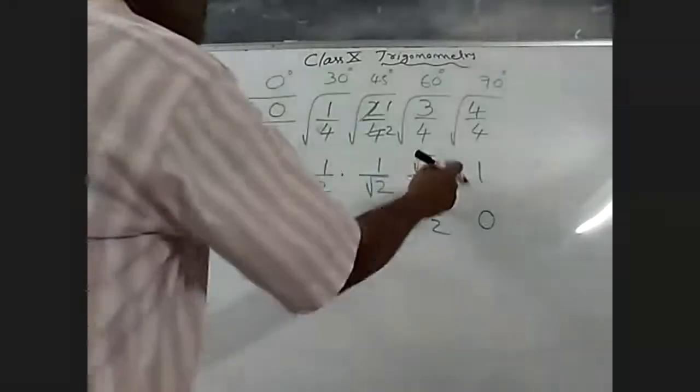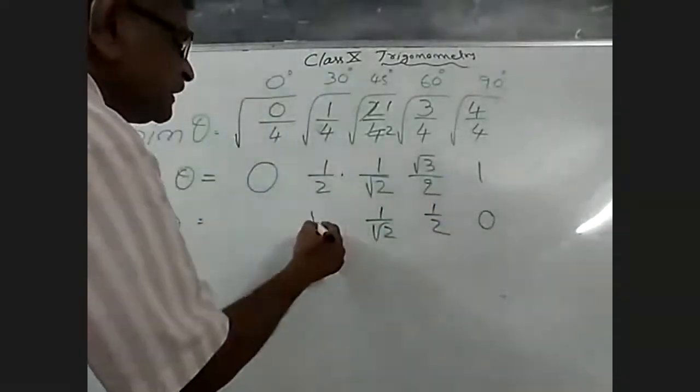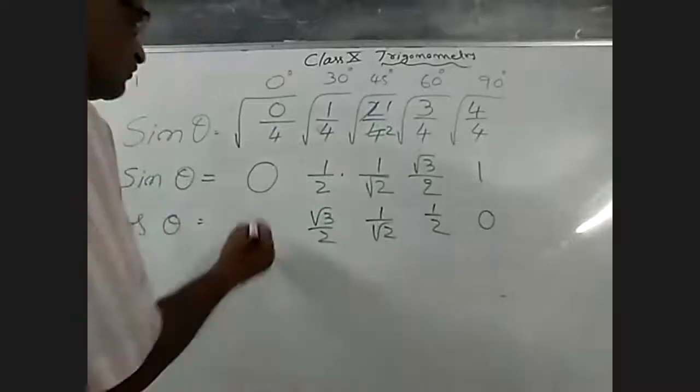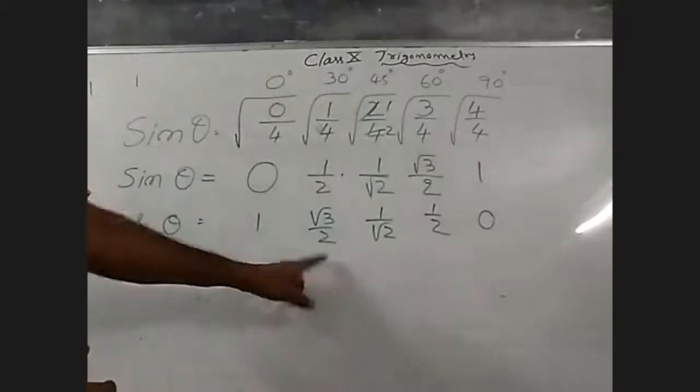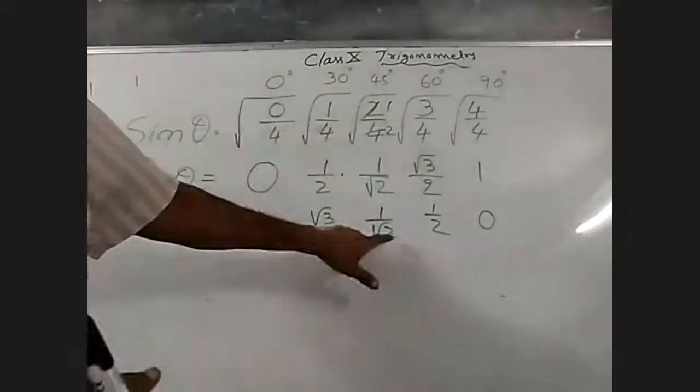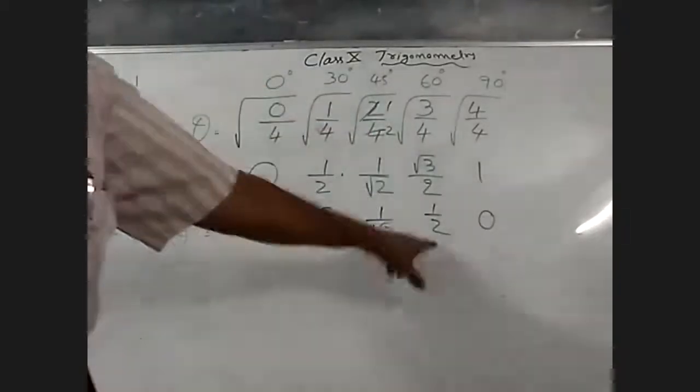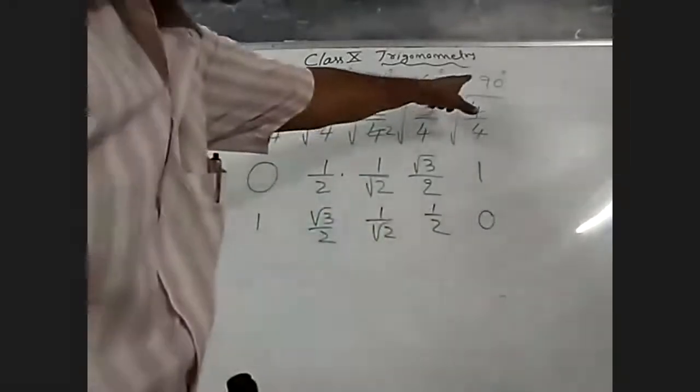Sine 60 is root 3 by 2, that means cos 30 is root 3 by 2, and 1. Now you verify that by turning your page: cos 0 degrees is 1, cos 30 degrees root 3 by 2, cos 45 1 by root 2, cos 60 half, cos 90 0.